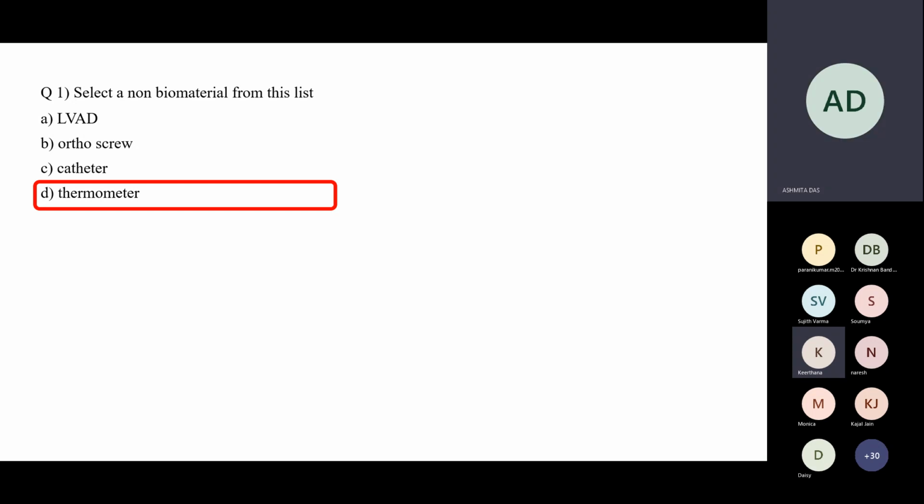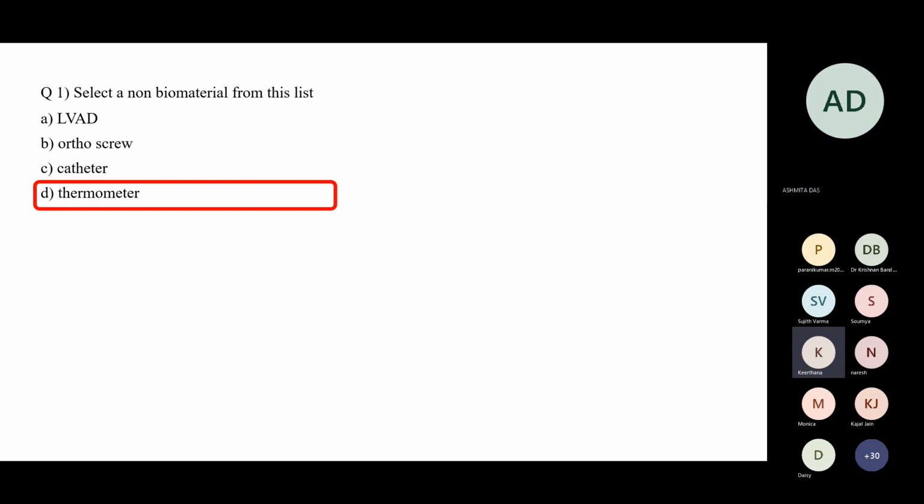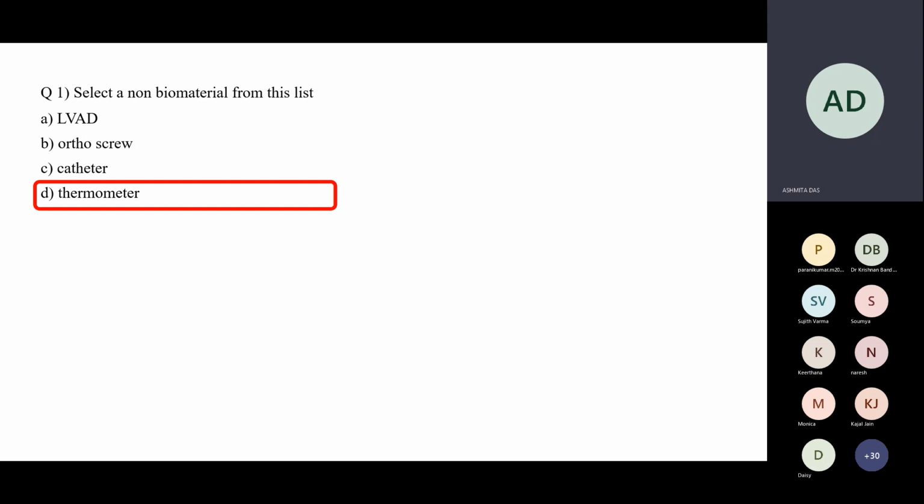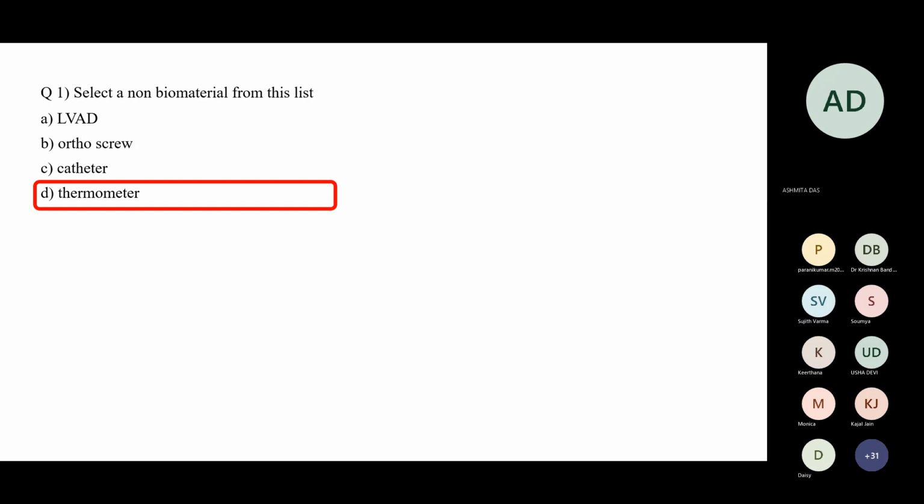The thermometer we are using externally. Is someone not agreed with the answer? Can someone tell me who thinks it's not? It is actually used to measure. Actually, biomaterials should have certain functions which support the body functions. This is just used for measuring.